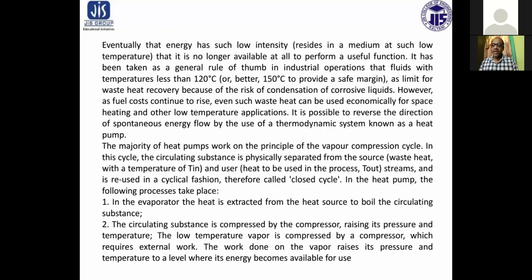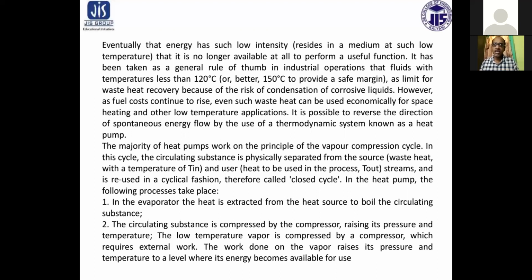So it is practically difficult to recover heat in the low temperature range because of condensation of the corrosive liquids that are in the waste heat.